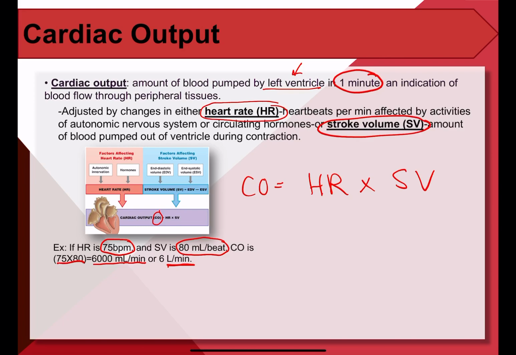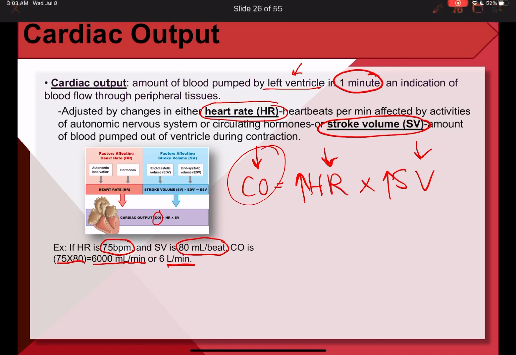If heart rate goes down, your cardiac output will go down. Or if your stroke volume goes down, your cardiac output would also go down. That is what I mean by knowing how to use this formula to figure out what factors can affect cardiac output. And let's say you need to increase cardiac output for whatever reason, then you need to either increase heart rate or increase your stroke volume. All right, so let me erase that.